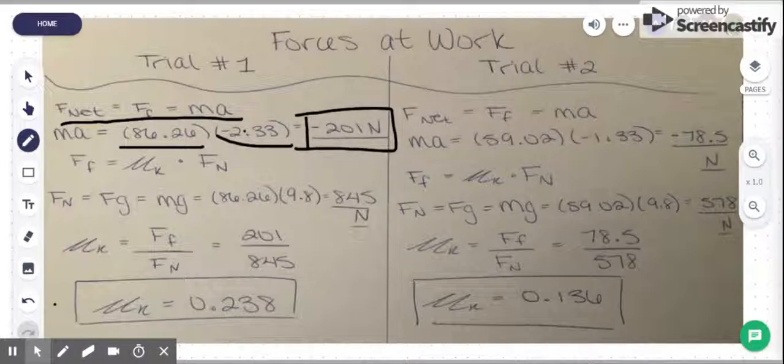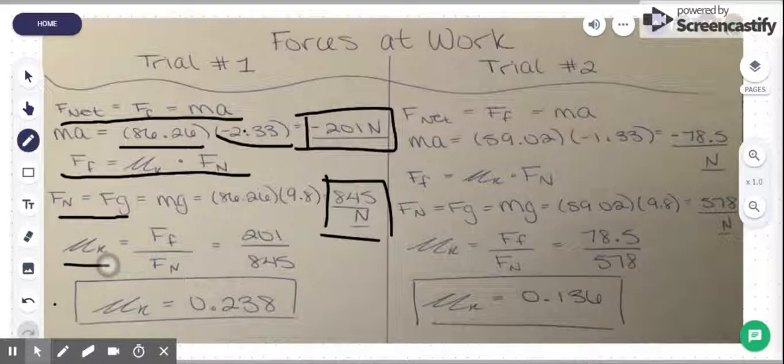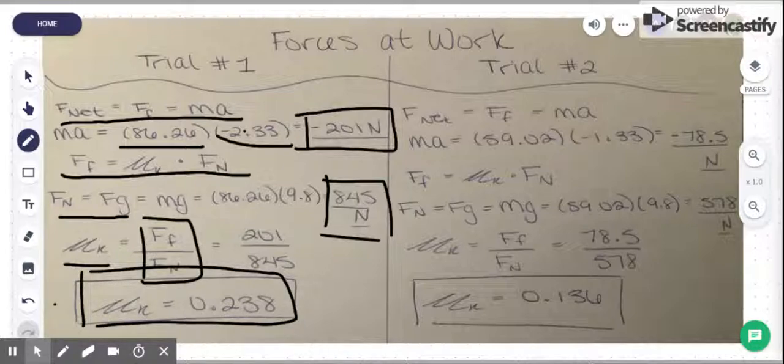Because the frictional force is equal to the coefficient of friction times the normal force, we had to solve for the normal force, which is equal to the gravitational force, which is 845 newtons. Thus, to solve for the coefficient of friction, we had to divide the magnitude of the frictional force by the normal force, not the direction, which gives us a coefficient of friction of 0.238.